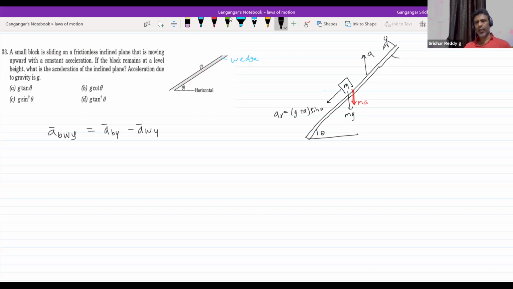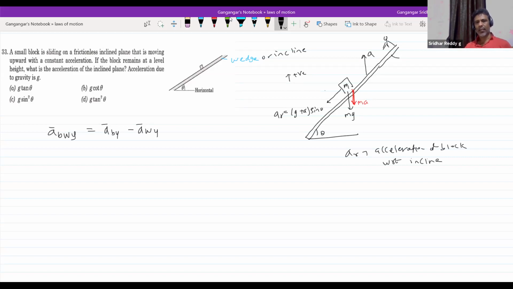So I'll give the name for this: acceleration of block with respect to incline. So tell me, what is the acceleration of it? I'll take upward positive, downward negative.